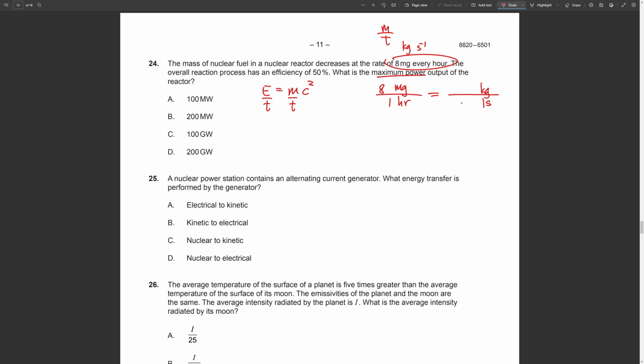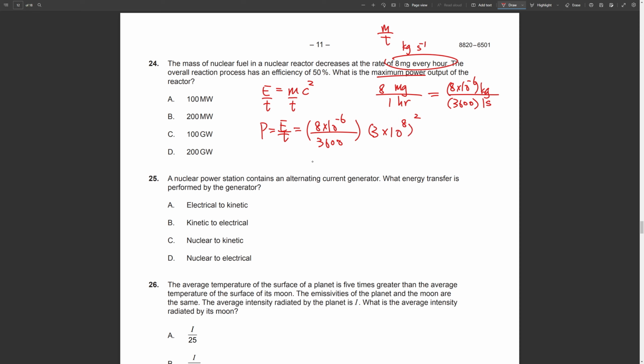That is 3,600 seconds and 8 times 10 to the power of negative 6 kilogram. The power is E over t, and the m over t is 8 times 10 to the power of negative 6 over 3,600. c on the right is the speed of light, 3 times 10 to the power of 8, and then squared.